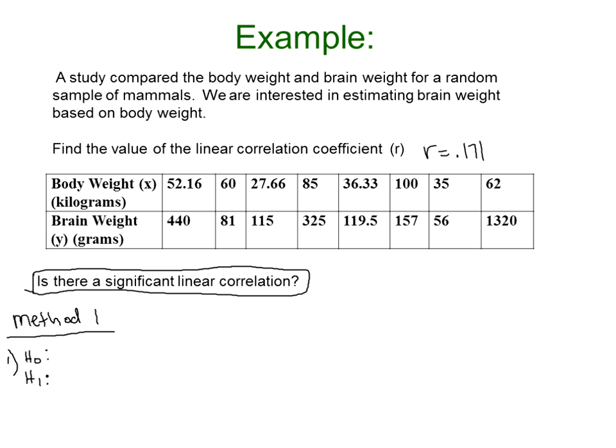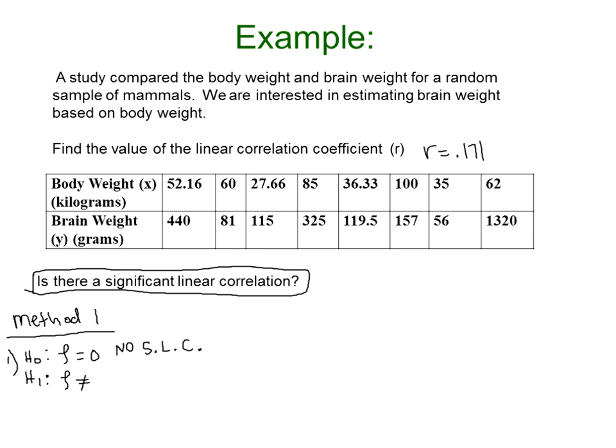The parameter we're talking about is rho. In our population, rho is the linear correlation coefficient. It's r in our sample, it's rho in our population. When it's equal to 0, that means there is no significant linear correlation. And I'm abbreviating that.